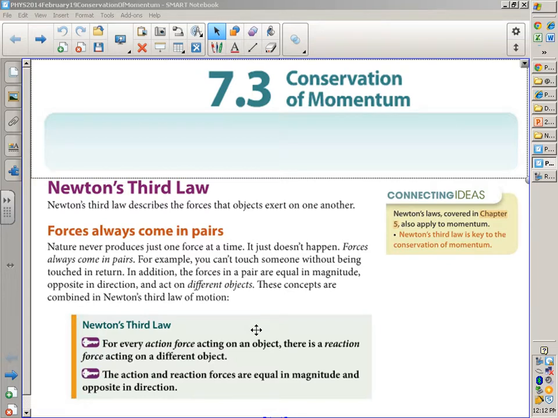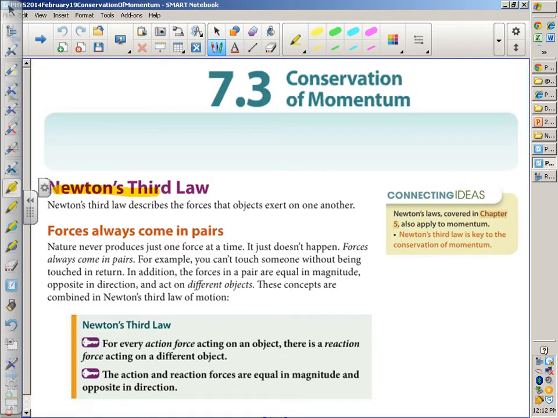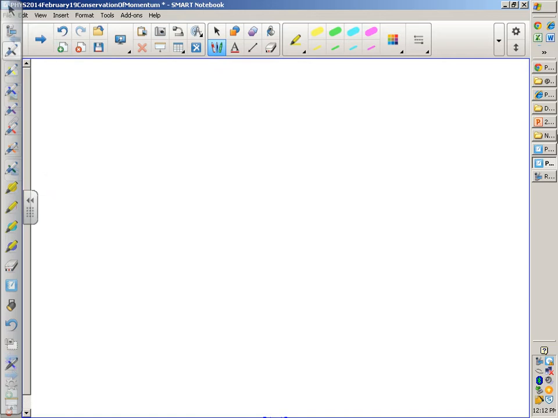Before we can get into conservation of momentum, though, we have to talk about a really important concept that relates to conservation of momentum, and that is Newton's third law. Before we do Newton's third law, let's review quickly. Newton's first law gets summarized in one word. What is that one word?